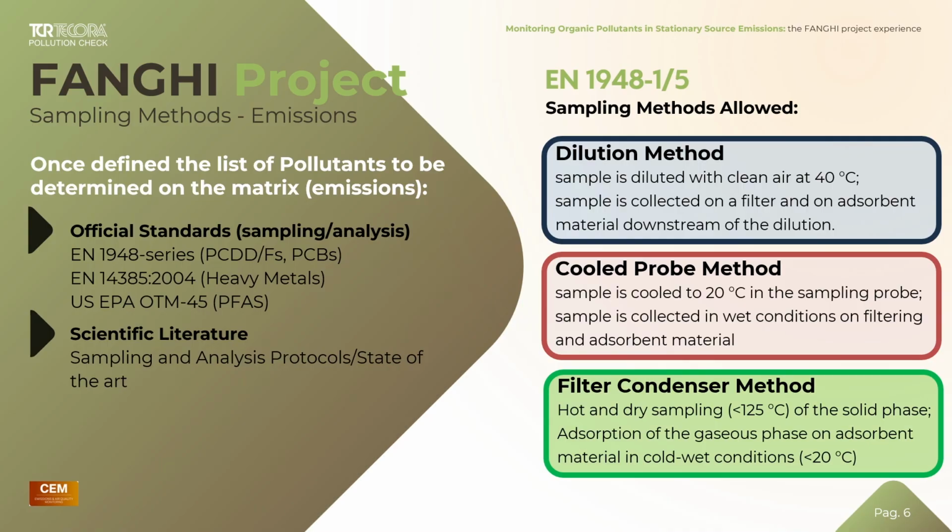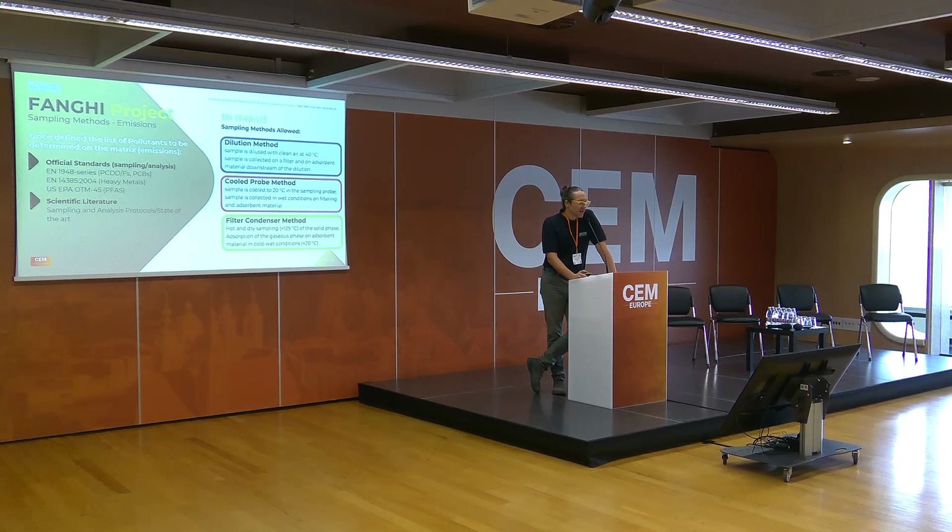In my presentation I focus on organic pollutants, but many other groups, heavy metals, for example, were also considered, and they are regulated by other standards which were followed in this project. And then the scientific literature was also consulted, to find ways to build the sampling line to perform the sampling of these emissions.